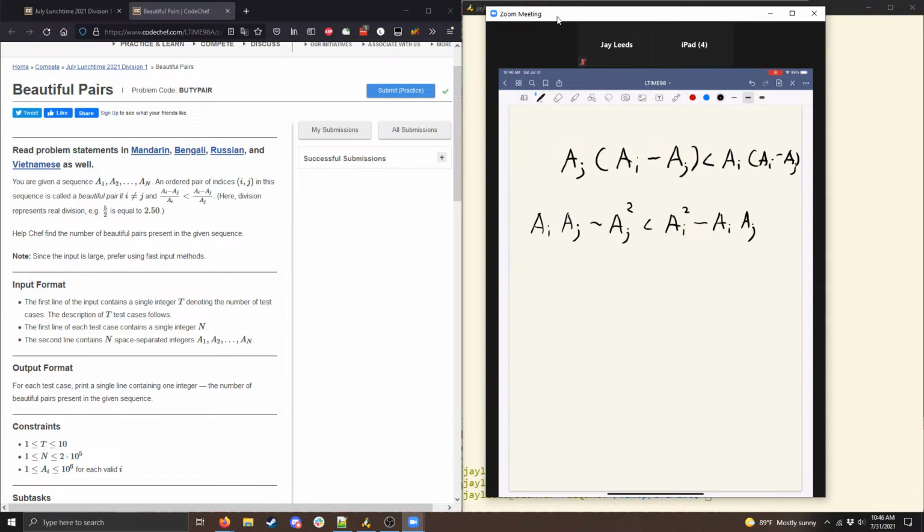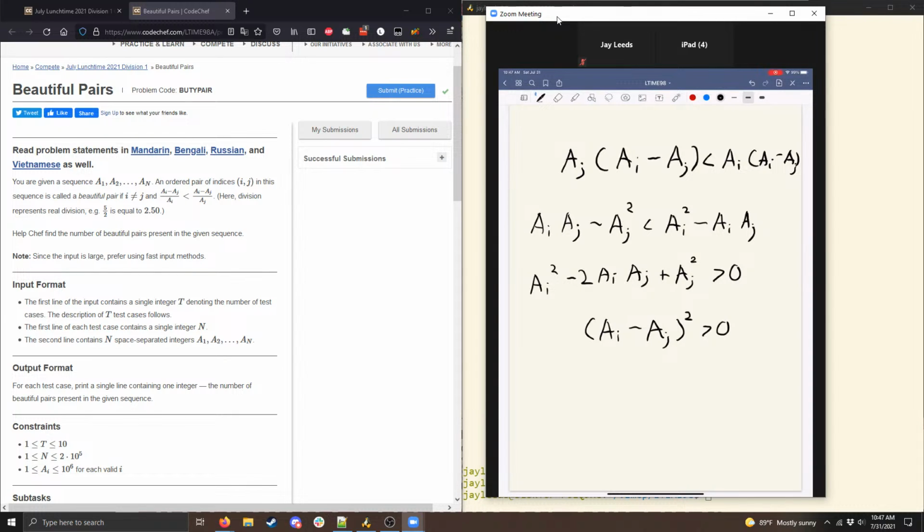If we move this all over to the same side, then we get a sub i squared minus 2 a_i a_j plus a sub j squared is greater than 0. Now, some of you might remember that this left-hand side actually factors really nicely. This whole thing is equivalent to (a sub i minus a sub j) squared is greater than 0.